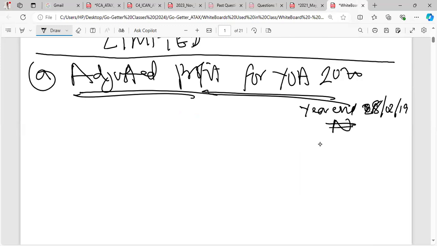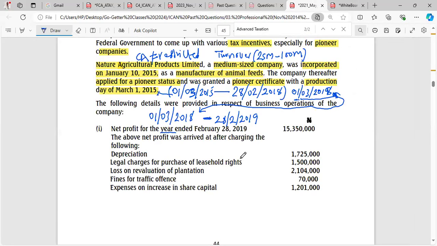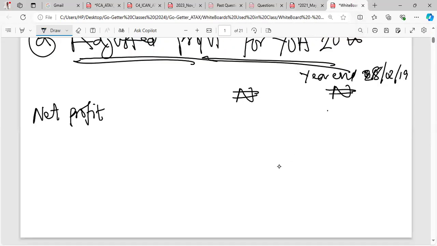And put your bracket, your Naira sign here, and your Naira sign. So we'll start with the net profit that we have in our book here. Net profit. And what were we given? We were given 15,350,000. Now that is what they declared as their net profit.